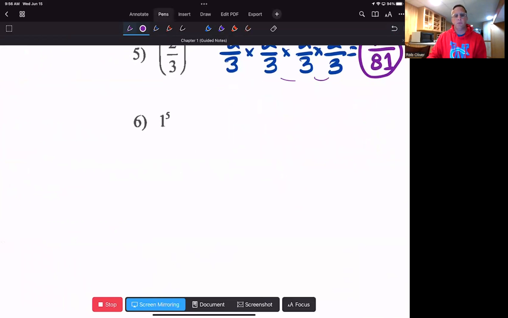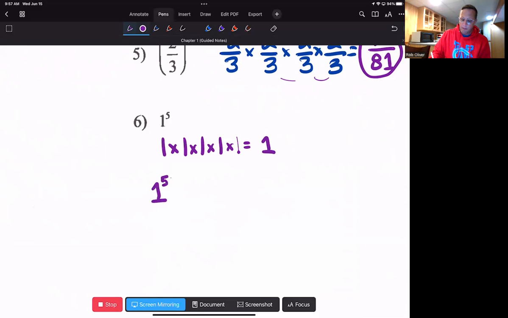And then for number 6, we have 1 to the 5th power. These are the easiest ones, but the most commonly confused, I would say, for most people. 1 to the 5th power just means 1 times 1 times 1 times 1 times 1, which seems like it should be 5, but it's not. It's still 1. You could have 1 to the 50th power.